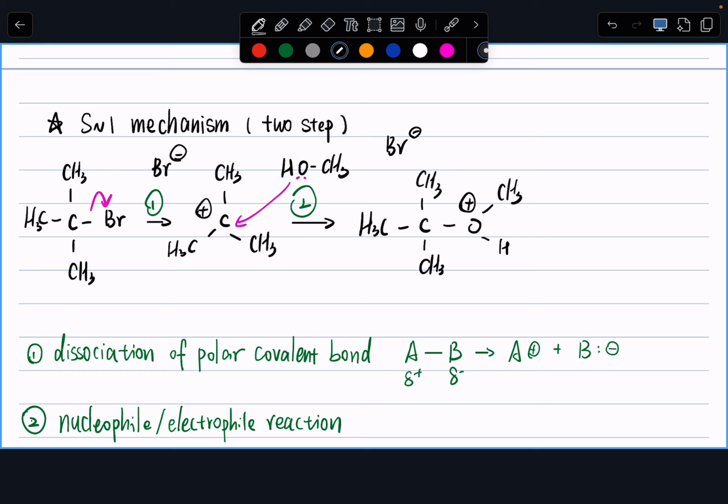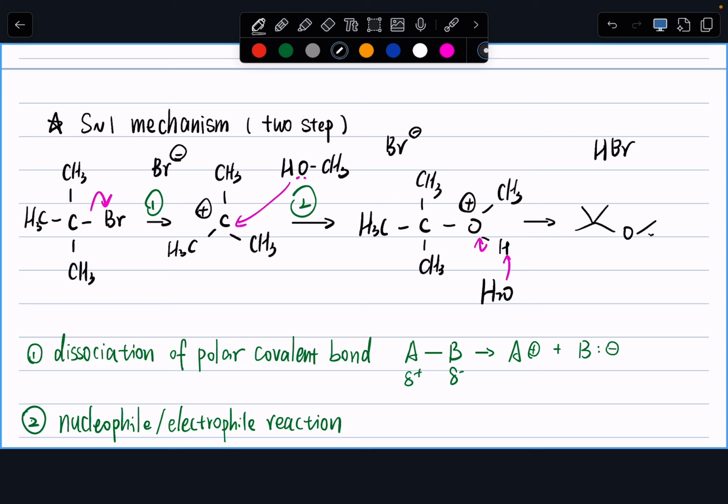And then the last step will be the deprotonation by another solvent molecule to form my final product. And to balance it, we'll end up getting HBr as my side product.